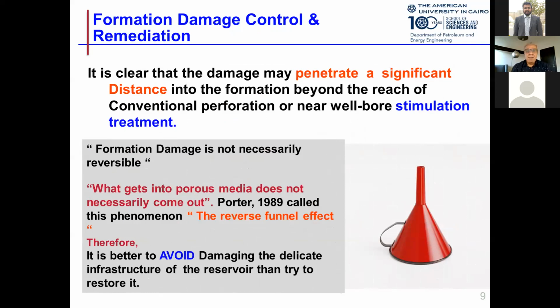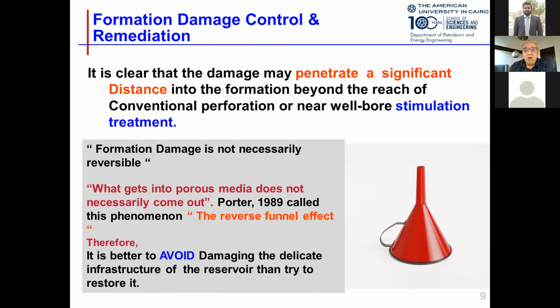So, can we control formation damage? Can we remove it, and how can we remediate it? Actually, as shown in the animation videos, formation damage penetrates so deep. And of course, if we leave it as a function of time, or if there is an idle time of drilling, this will take the process further.